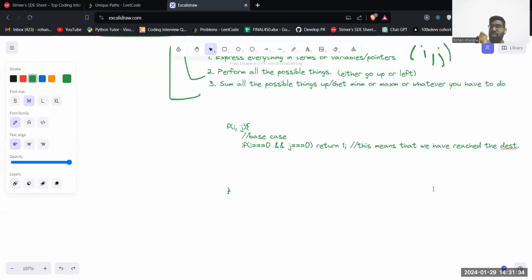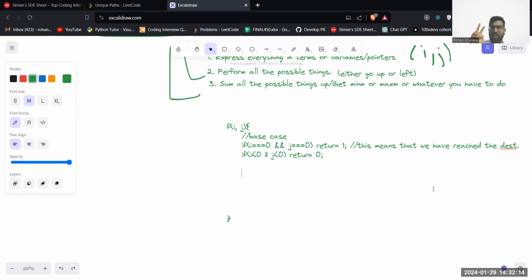Another base case: if i is less than 0 or j is less than 0, return 0. Simple. If we are going out of bounds, if i becomes less than 0, that is, we are decreasing our row, or we are going left or up and it goes out of the bounds of the grid, we simply return 0. So we have written the base case.